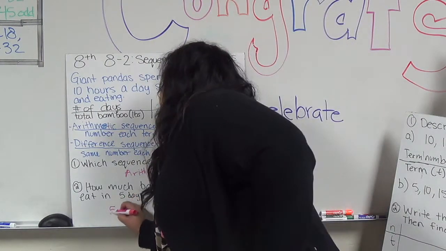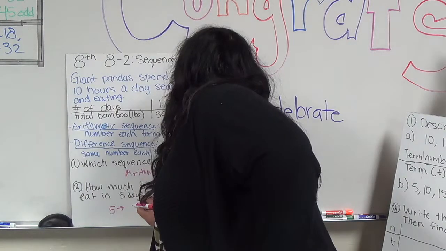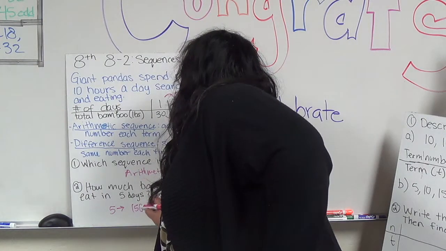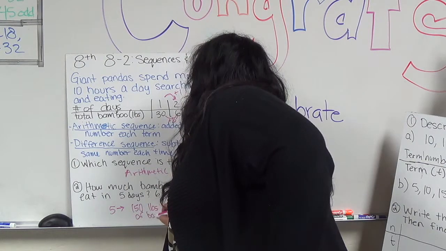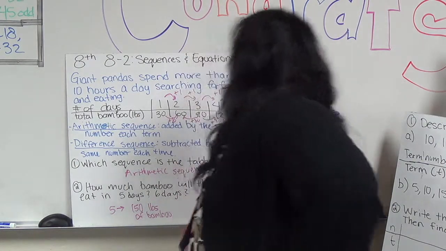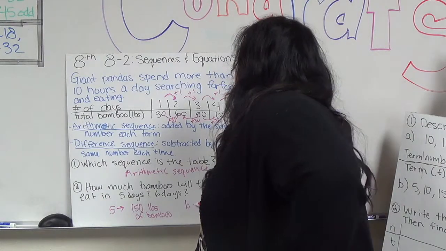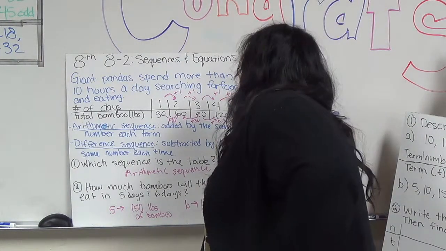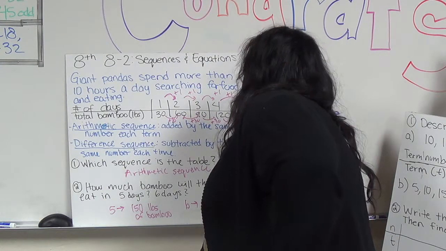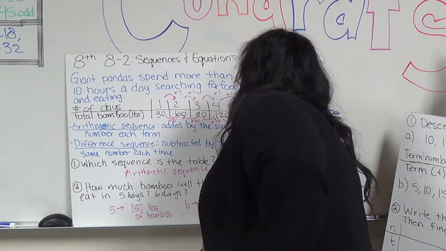So 5 days would equal 150 pounds of bamboo. Six days means that I move one more up, so I add another 30 to 150, so it'd be 180 pounds of bamboo.